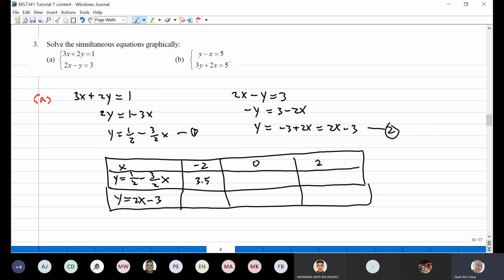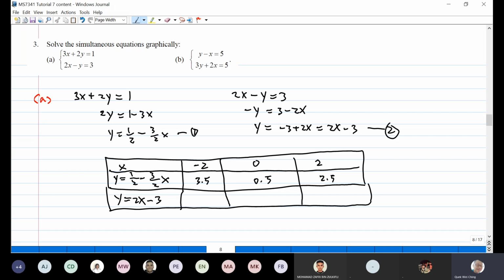When x equal to 0, you get y equal to 0.5. To make sure you get a straight line, you can put x equal to 2 now. So you get half minus 3, which is 2.5. Then how about the second line?